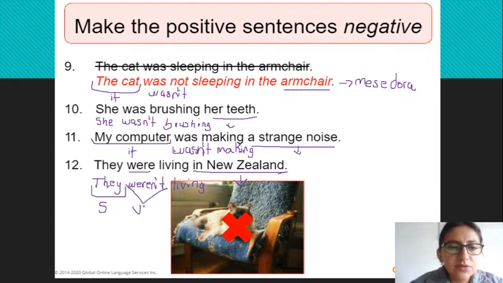Weren't, verb to be in past negative. What is the gerund? Very good. Living, this is the gerund. And what is the complement? Very good, good job. In New Zealand. Okay? Easy? Yes, very good, good job.